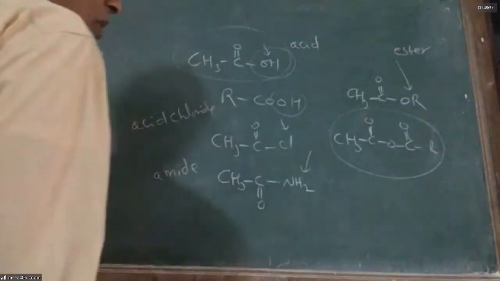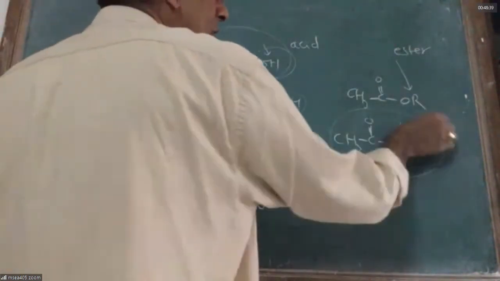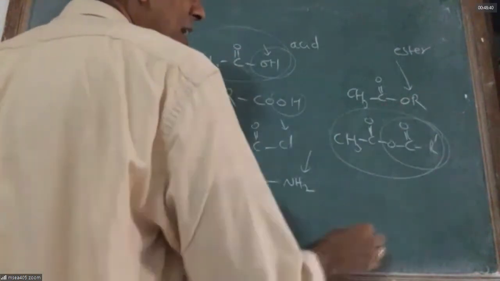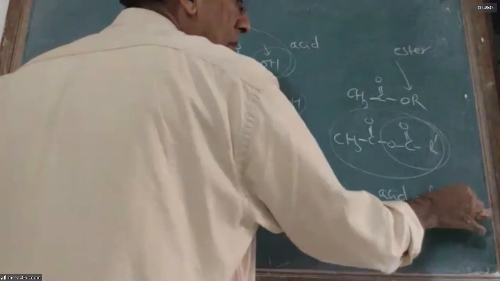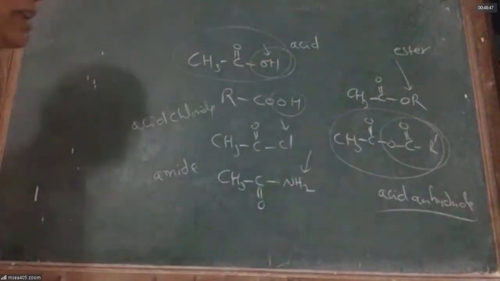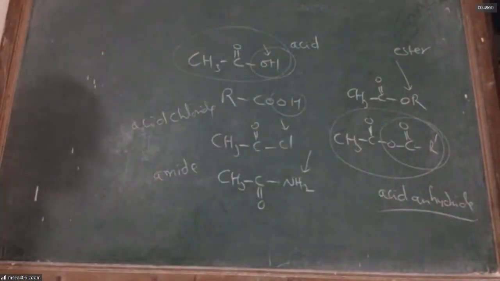If the OH minus is replaced by another RCOO minus, it is called acid anhydride. All these are derived from acids, hence they are called acid derivatives. Are we clear about them, sir? Yes.